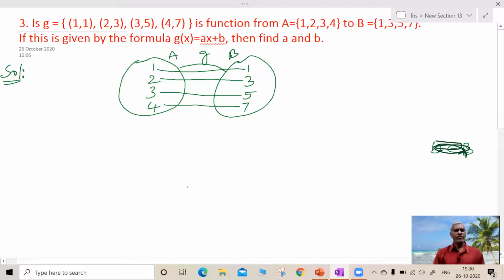We have to find whether this is a function or not. Look at this diagram. What is a function? Every element of A should be related to a unique element of B. So here you can see all the elements are related to a unique element of B.